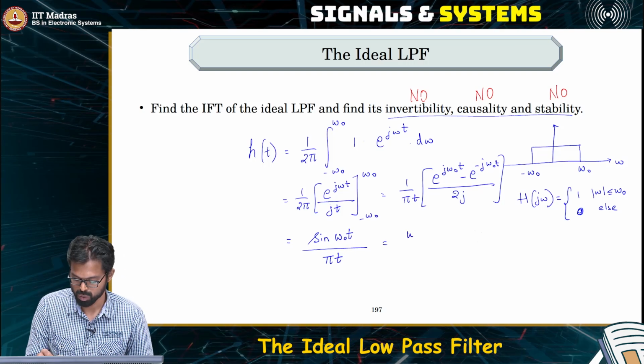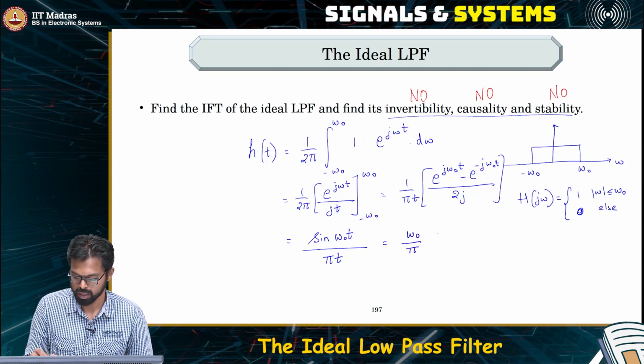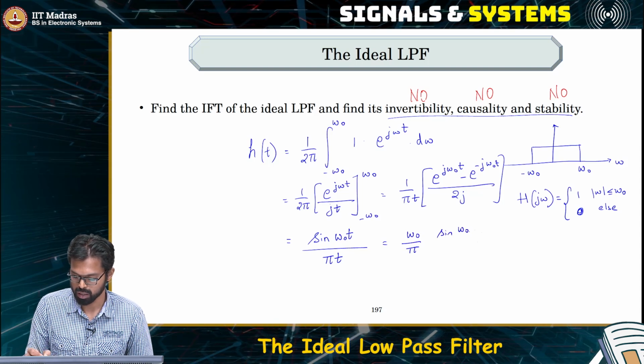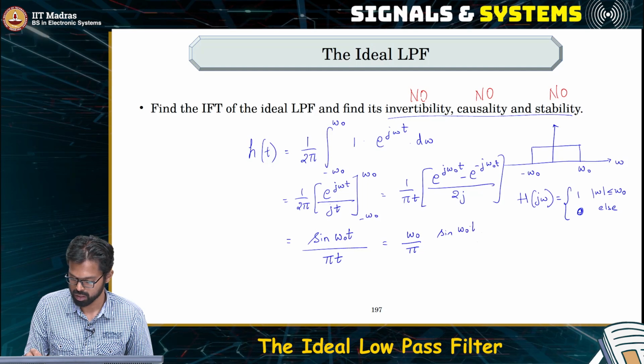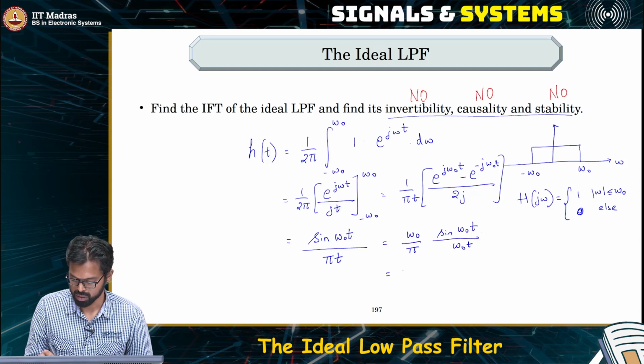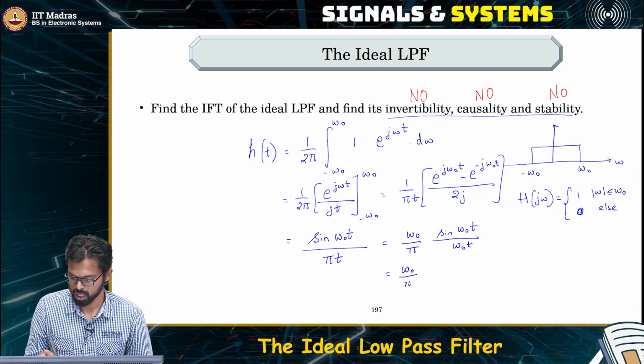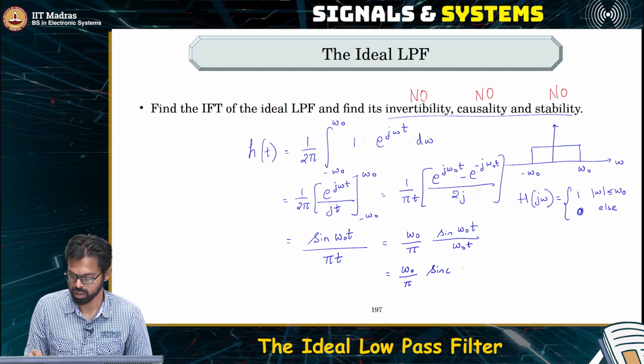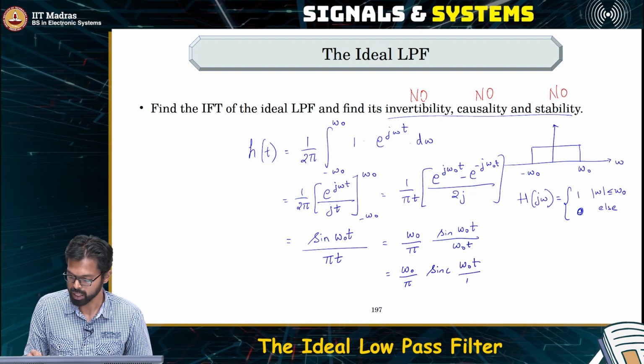In other words, this is omega naught by pi times sine omega naught t divided by omega naught t, which is equal to omega naught by pi times Sinc of omega naught t by pi.